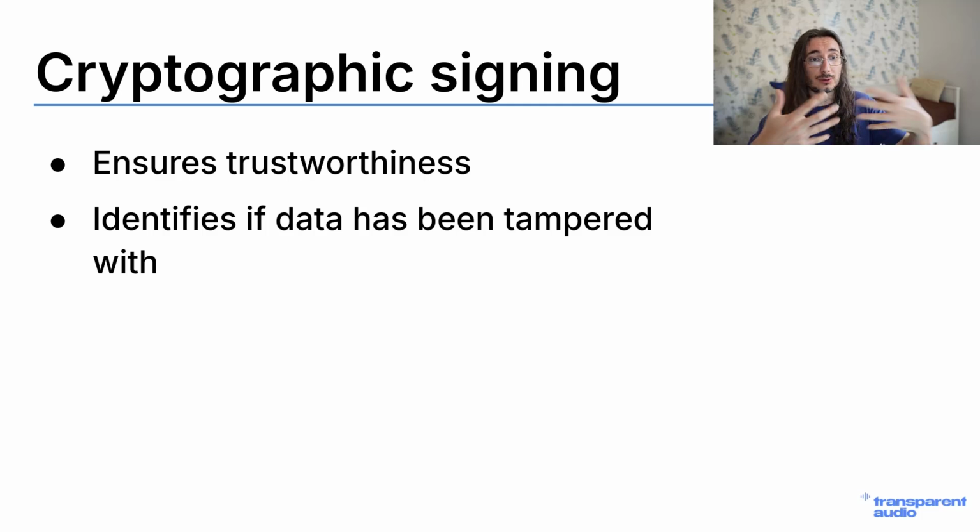Well, through cryptographic signing, which ensures that we can trust the result of the reading. Because if something has gone wrong with the metadata or the signature, we can realize that and know that the metadata has been tampered with. We don't know how it's been tampered with, the modification that it had, but we know that something went wrong. So this is why TransparentMeta is highly secure.